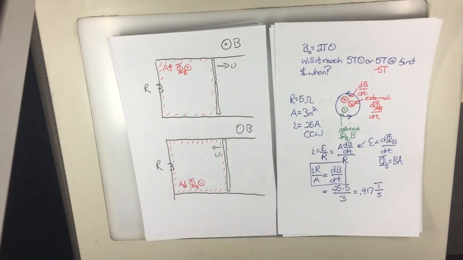Parallel to parallel, parallel to parallel. So the magnetic flux is always parallel to the B field. Now what interests me is the change in magnetic flux. Here, the area is getting bigger, which means there's more magnetic flux coming out of the page.